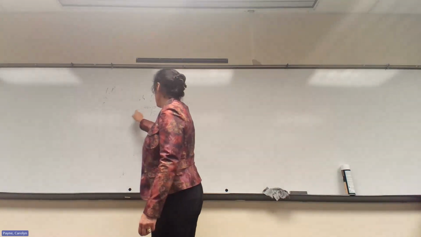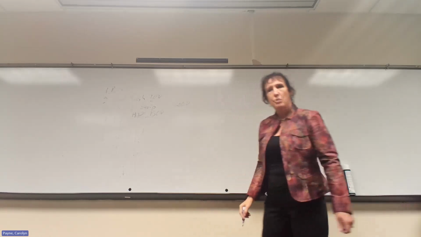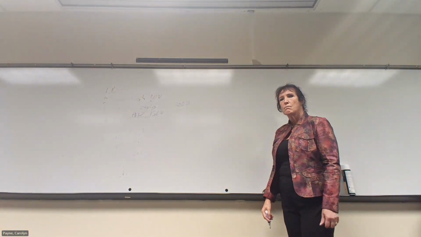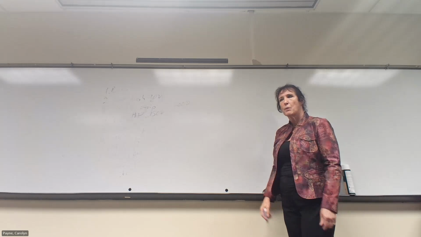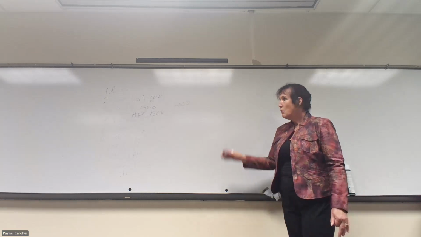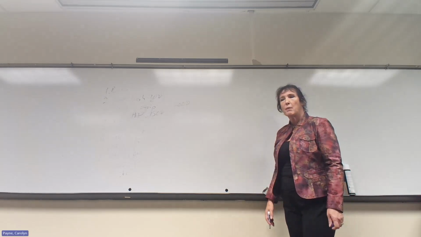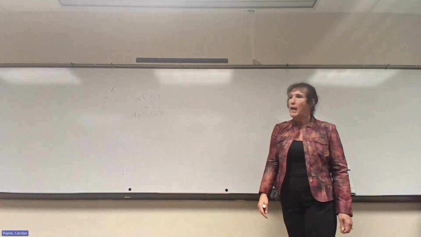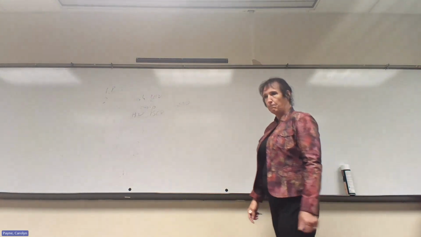So debit accumulated depreciation, $1,500. Does that make sense? Because the asset is gone, we have to remove from the accumulated depreciation account the depreciation that went along with that asset.